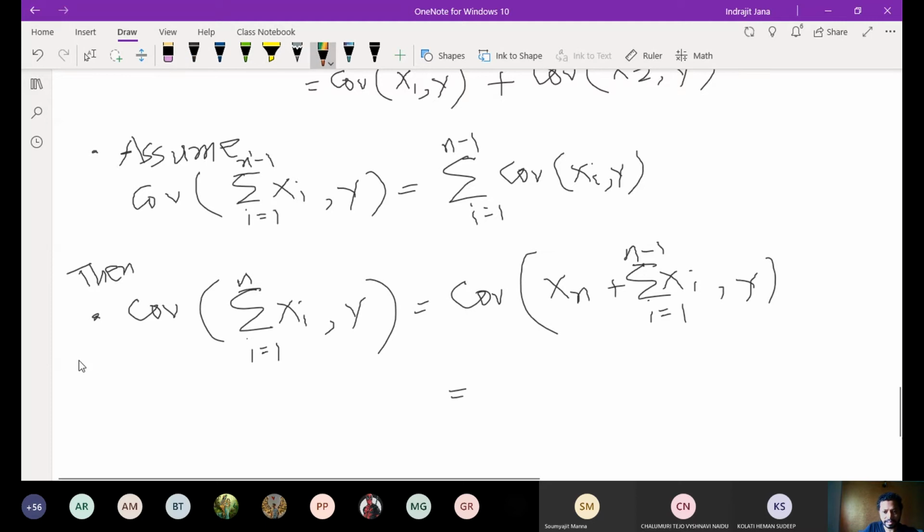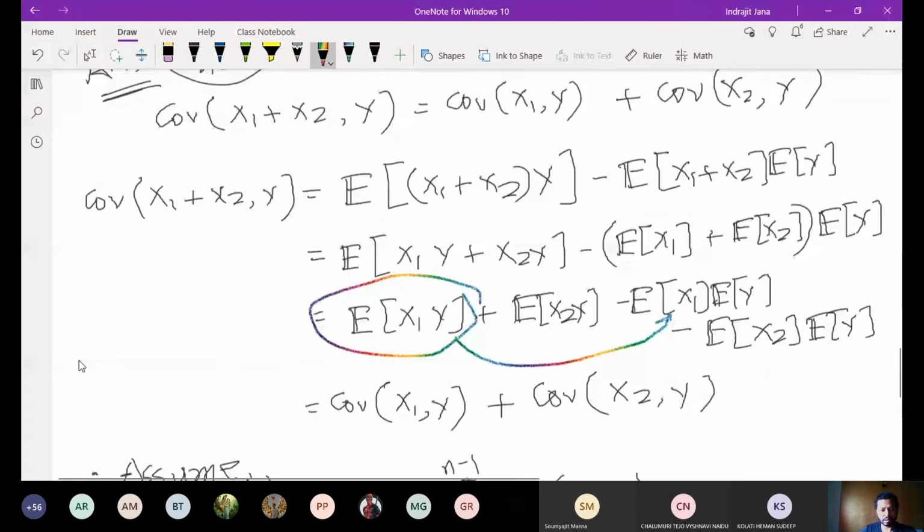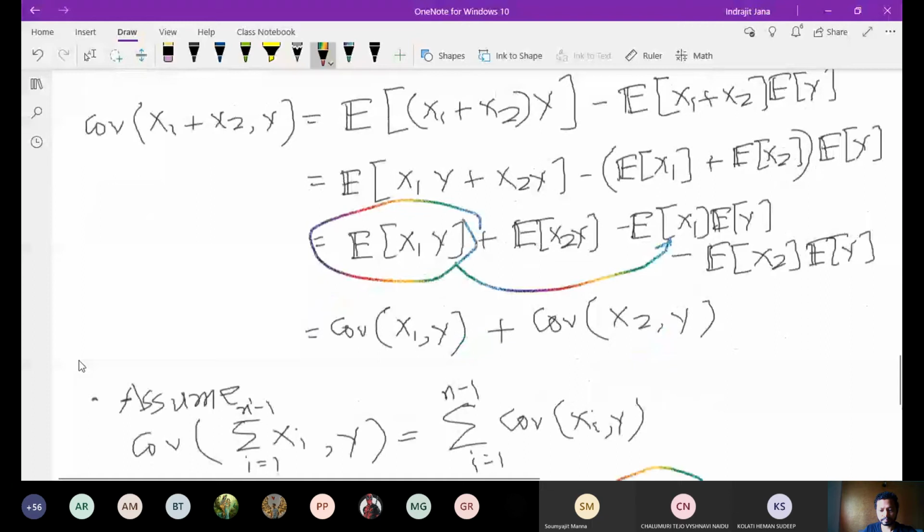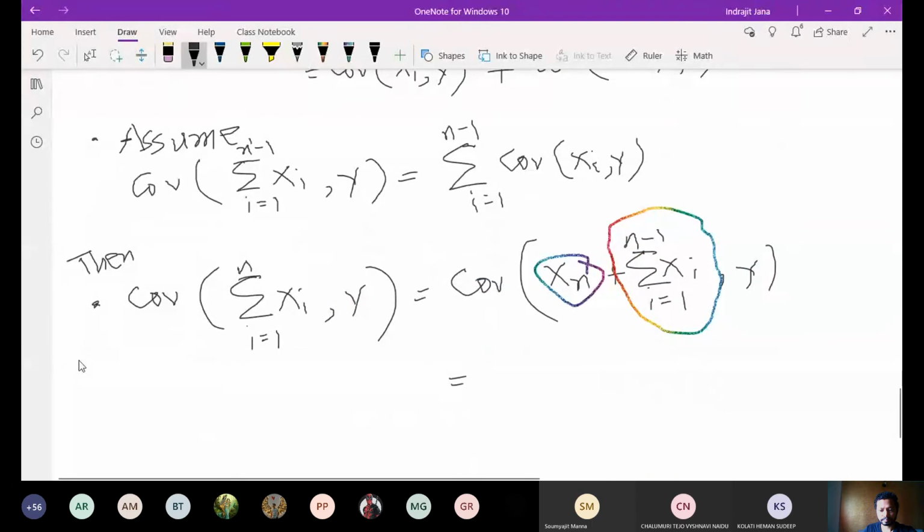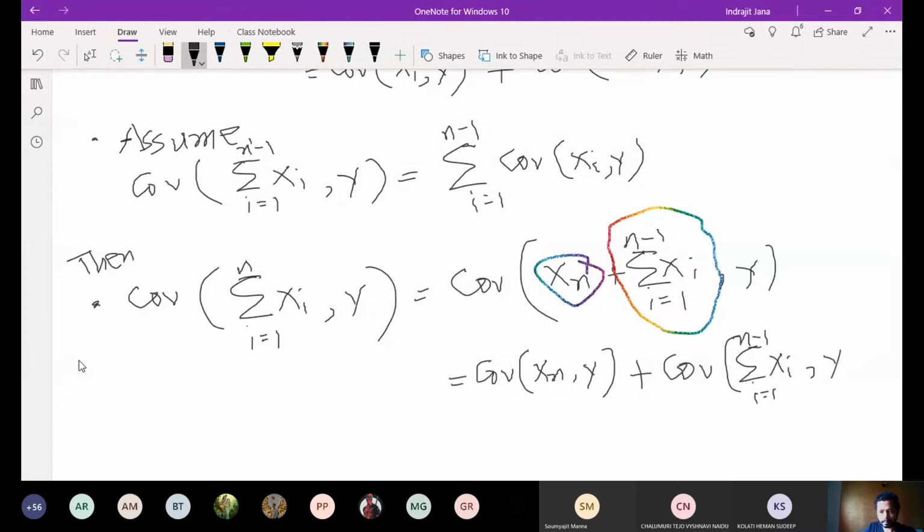And now you see that these are two terms, xn and this summation of xi, i from 1 to n minus 1. You can apply this n is equal to 2 basis step technique to conclude that this is covariance of xn, y plus covariance of summation of xi, i from 1 to n minus 1, y.